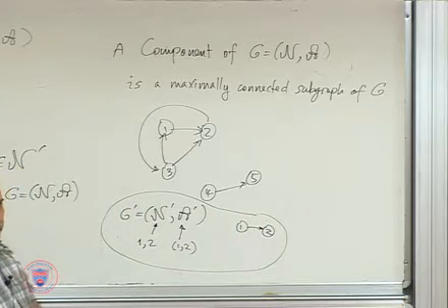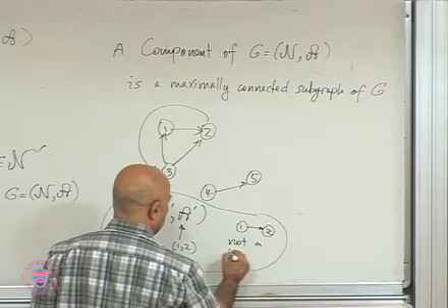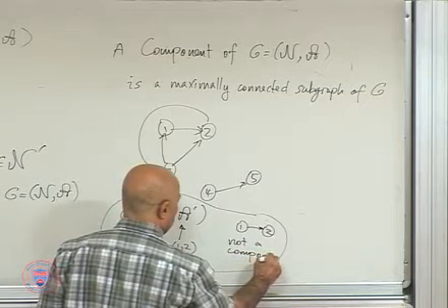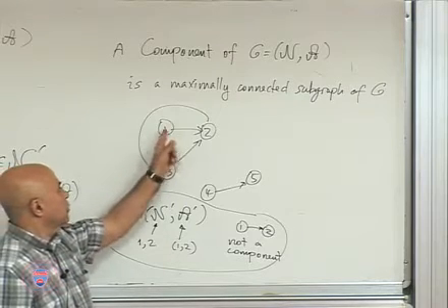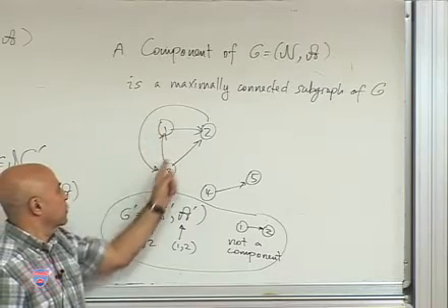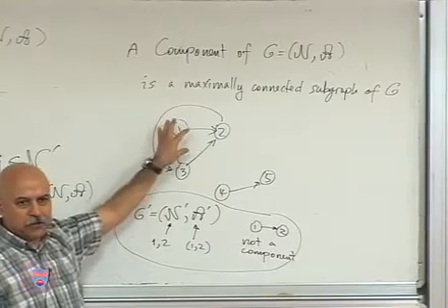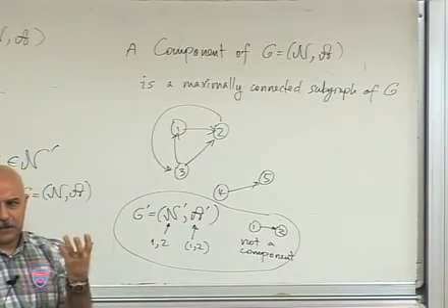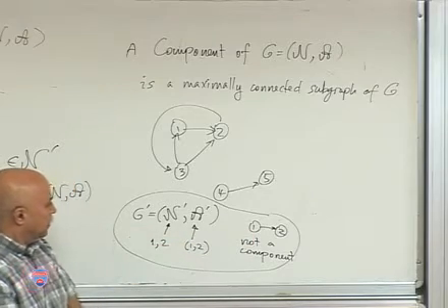Now, is this a component? The answer is no. It's a subgraph, okay, but it's not a component. Why? Because it's not maximally connected. Okay? There's a larger subgraph here, consisting of nodes 1, 2, 3, and all of these arcs that you see here. That's a maximally connected subgraph, whereas this one is not.